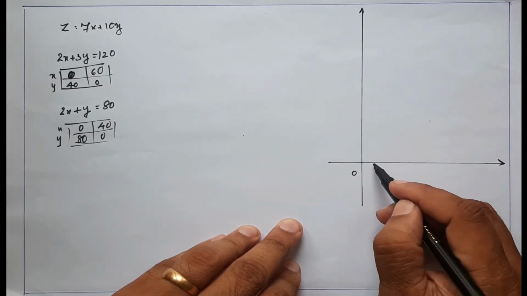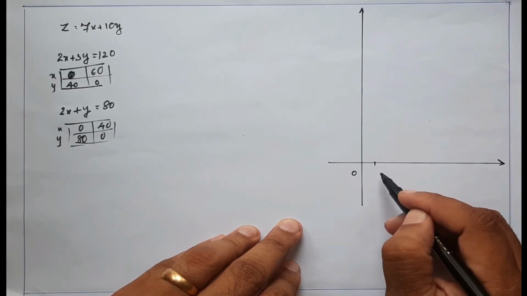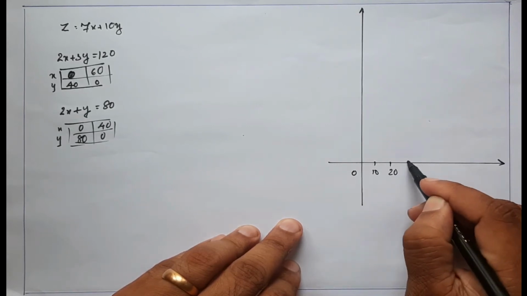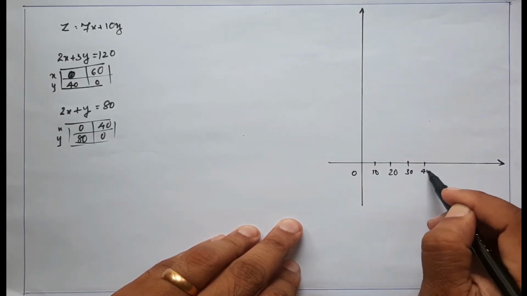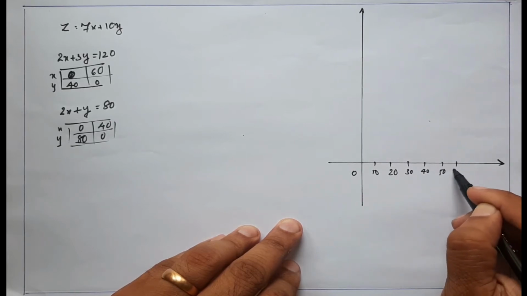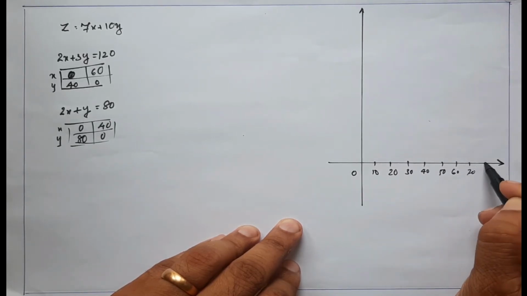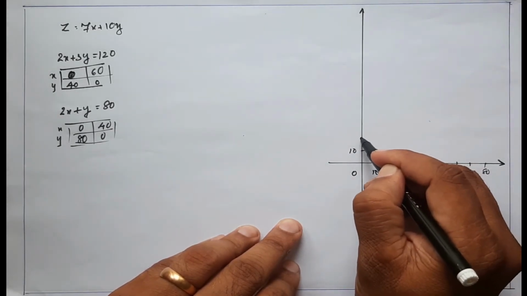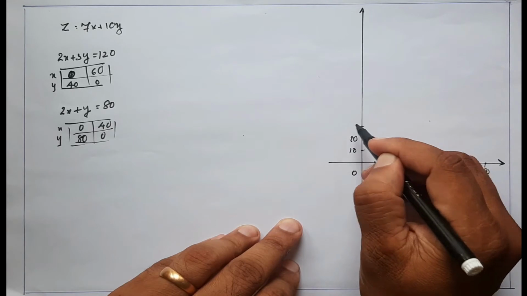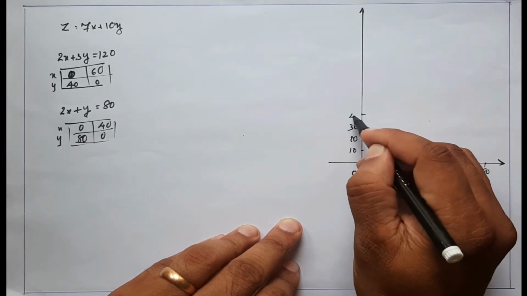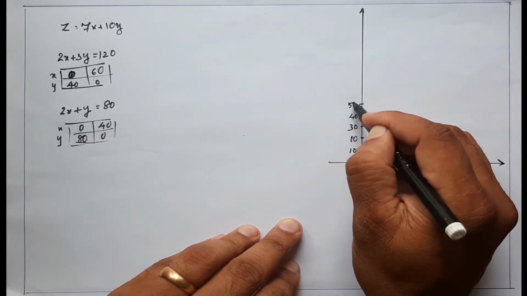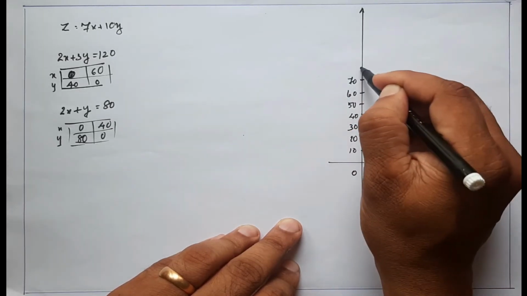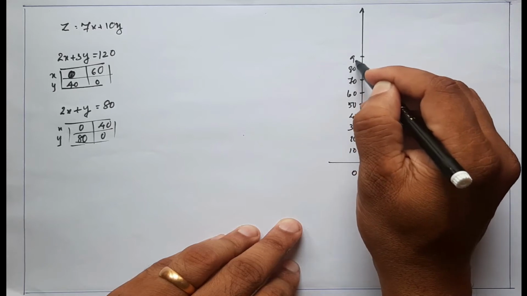Here you take 1 centimeter is equal to 10 units. So 10, here take 20, 30, 40, 50, 60, 70, 80. Also you take 1 centimeter is 10 units, that is 10, 20, 30, 40, 50, 60, 70, 80, 90, etc.